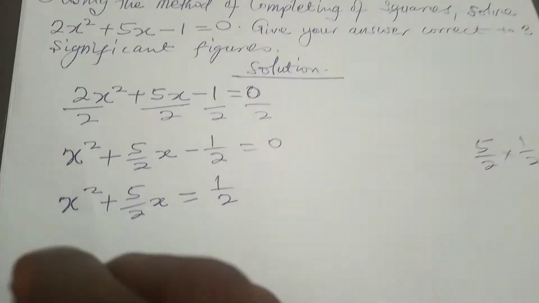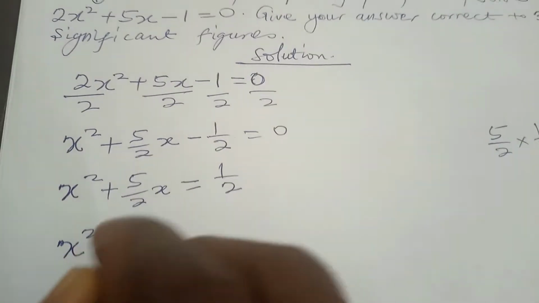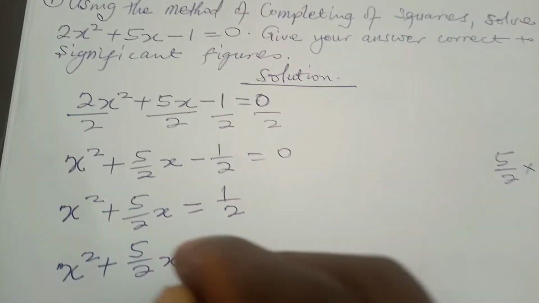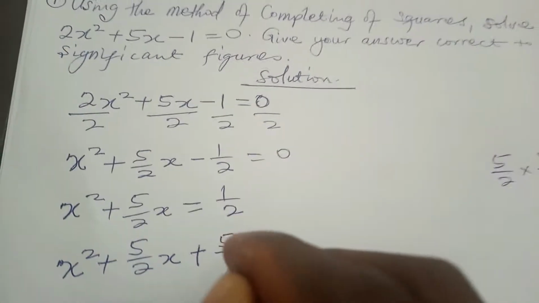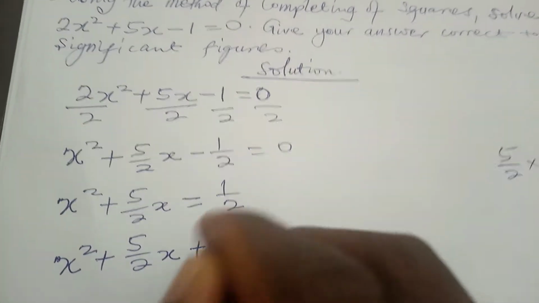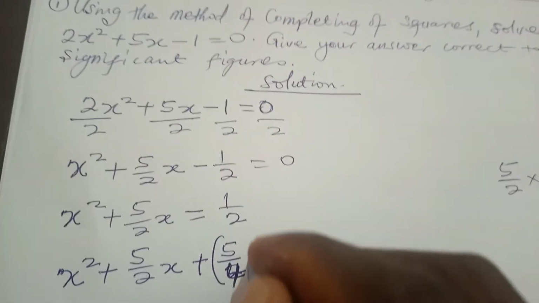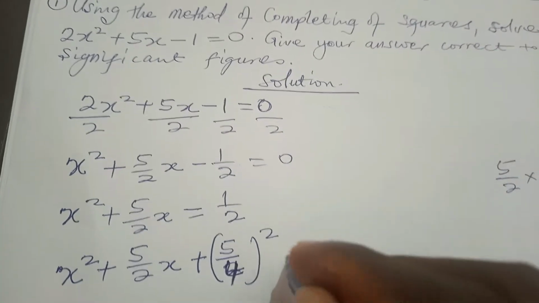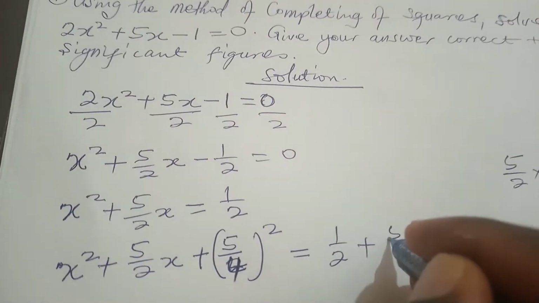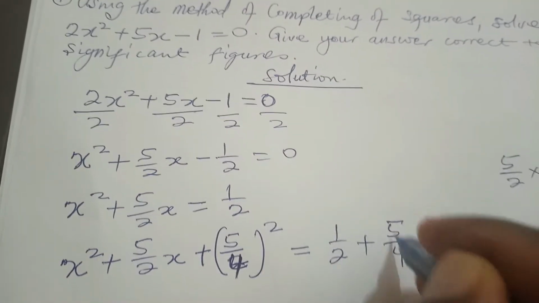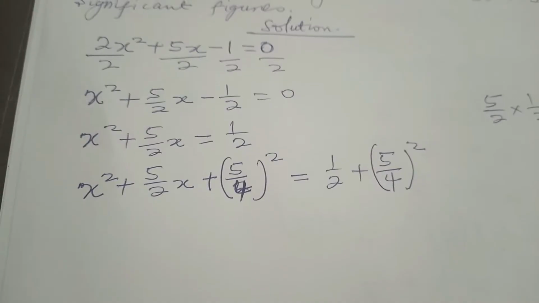It means our equation will now become x squared plus 5 over 2 x plus 5 over 4, which is half of 5 over 2, and that is squared, equals 1 over 2 plus 5 over 4 squared, because whatever we do to the left, we do the same thing to the right. Good.